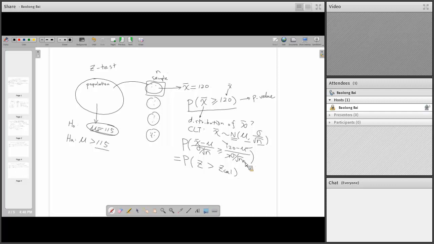So we can calculate that z-score. So this probability will be a p-value, and we can look at it in detail. We're looking for the probability of observing a sample as extreme or more extreme than the sample we collected. We're looking at x bar as a variable. Okay, so that's our p-value.